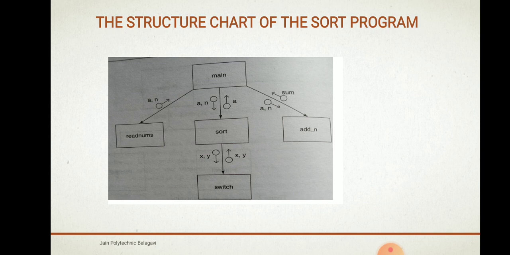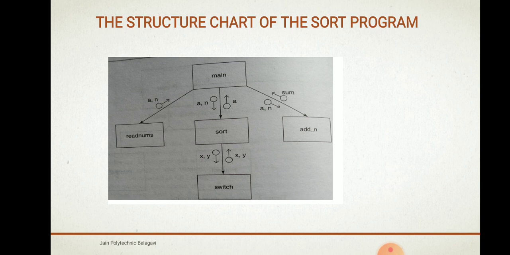Same with, again it will send the parameters, that is an array A and the number of elements. So while sending the array and n elements to the add n function, it will calculate the sum of all the elements present in array A and it will return the sum.